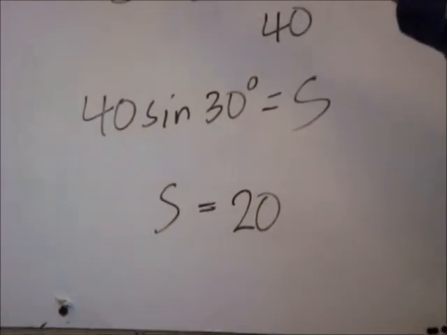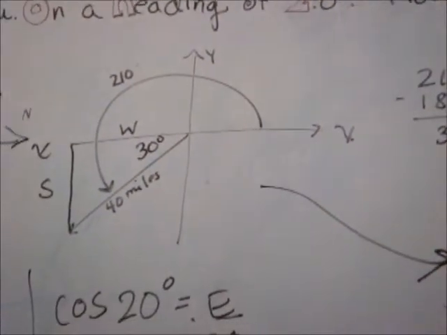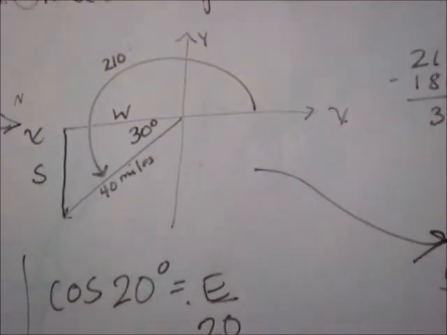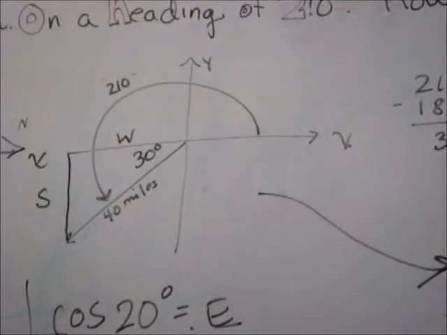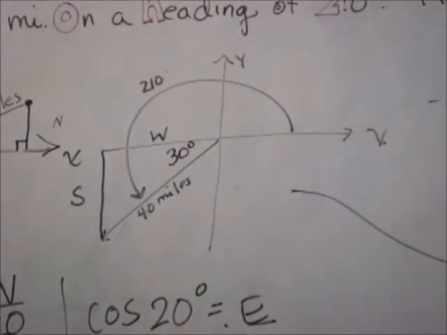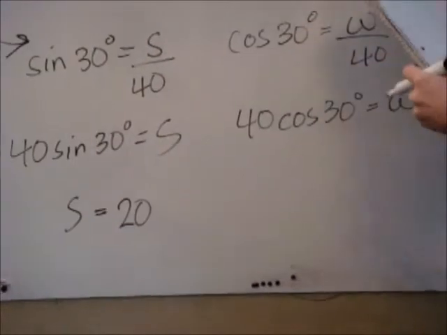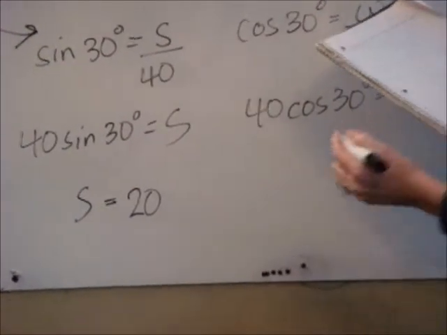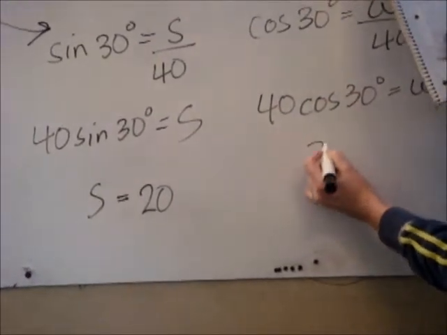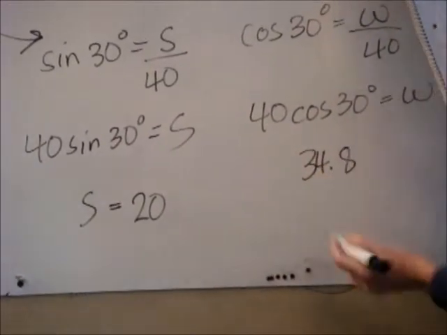And then we're going to find our west, and that's going to be cosine because it's adjacent. So the cosine of 30 degrees equals west over 40, our hypotenuse. Cross multiply, 40 cosine of 30 degrees equals west, and we put that in our calculator, and we get west equals 34.8.